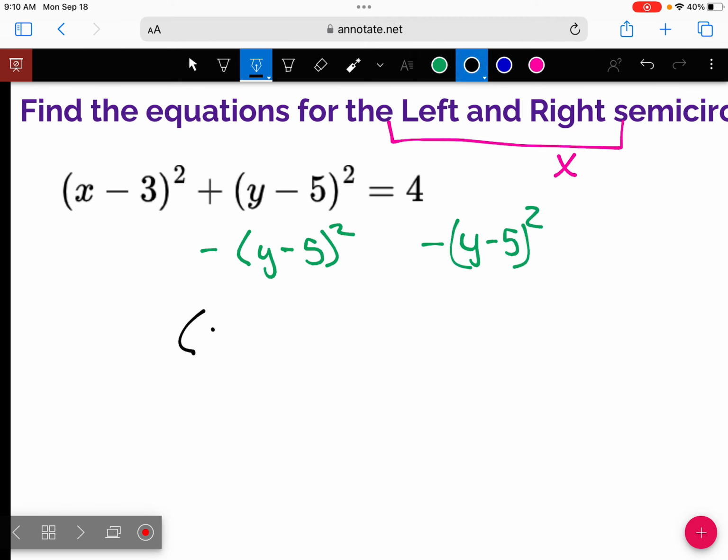Giving us x minus 3 squared equals 4 minus the quantity y minus 5 squared. I would like x by itself, please and thank you. What do we need to do next? Square root both sides.